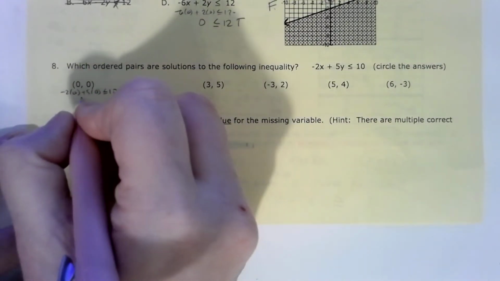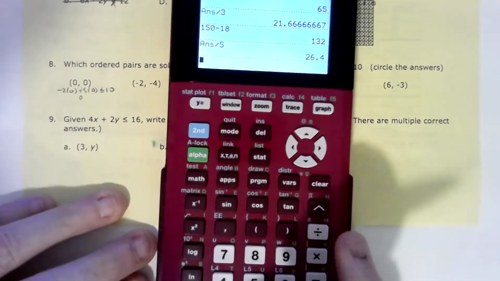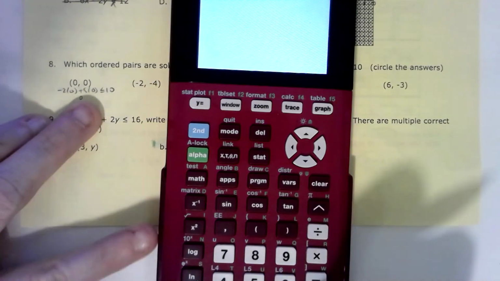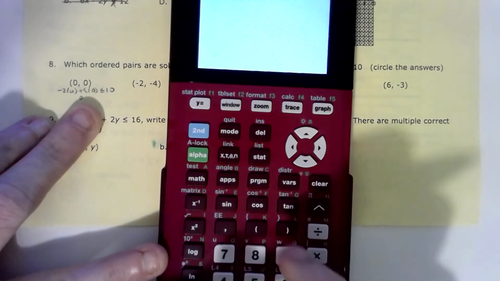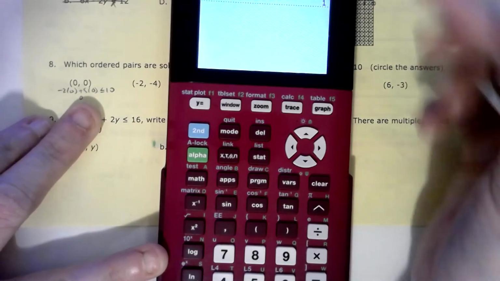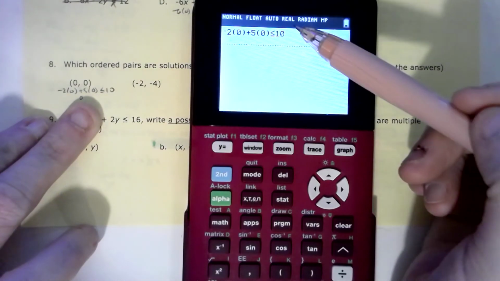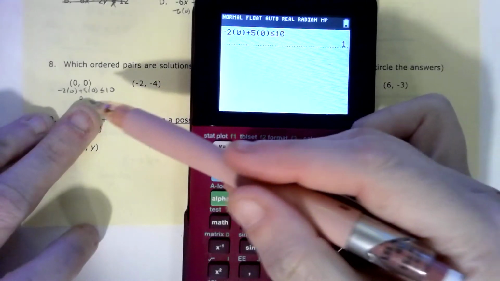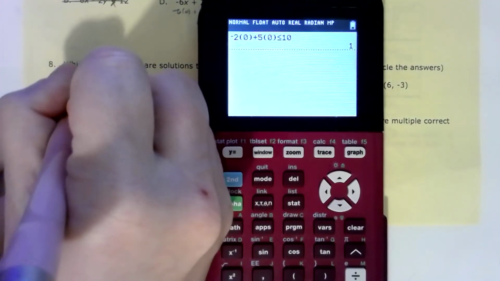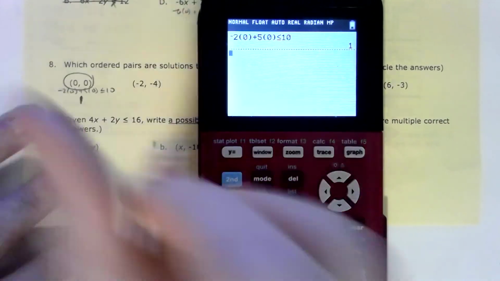I'm taking -2 times 0 plus 5 times 0, and I'm seeing if that is less than or equal to 10. All I did right here was write down what I substituted in. I got a 0 for that, so this one's true.